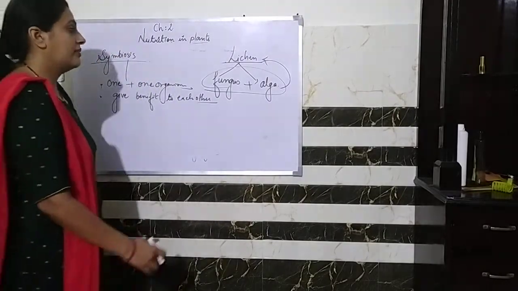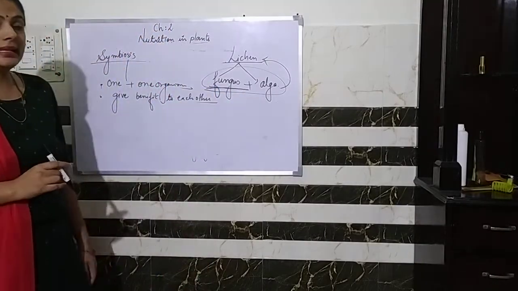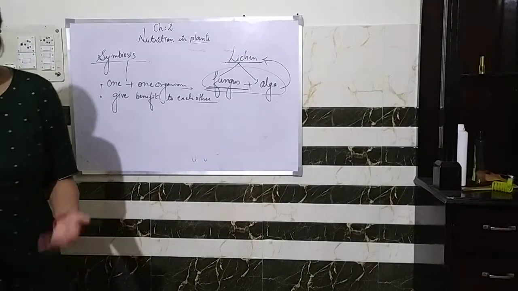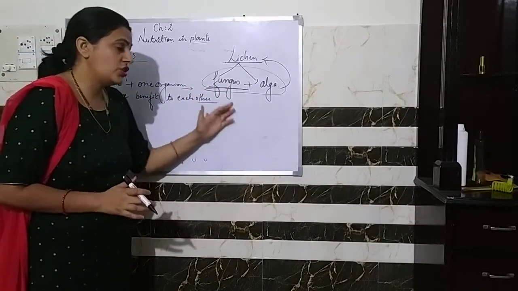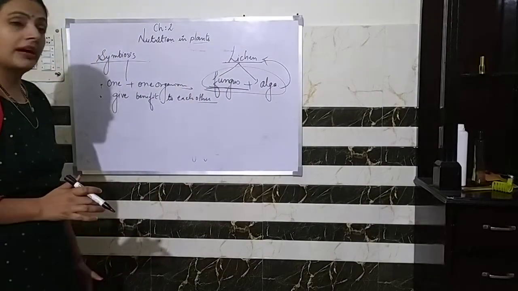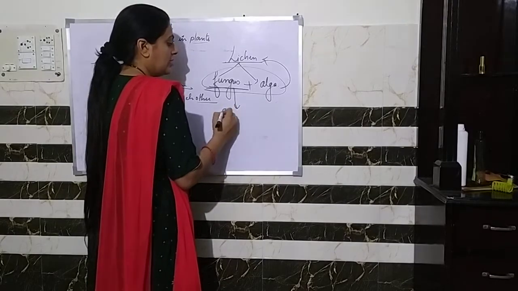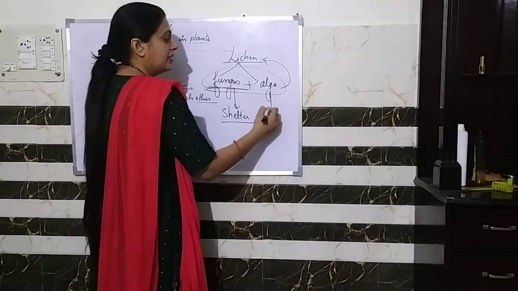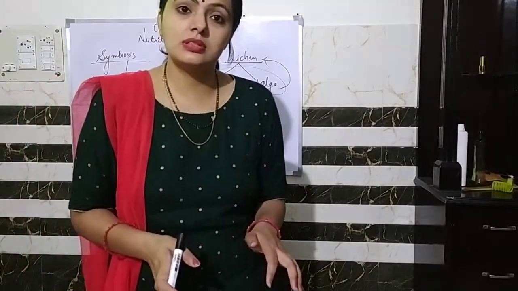Algae and fungi live together, in which the fungus provides shelter to the alga and the alga gives nutrients to the fungus. See, what will fungi give? Shelter, right? And what will alga give? As alga is green in color, it prepares its food through the photosynthesis process.